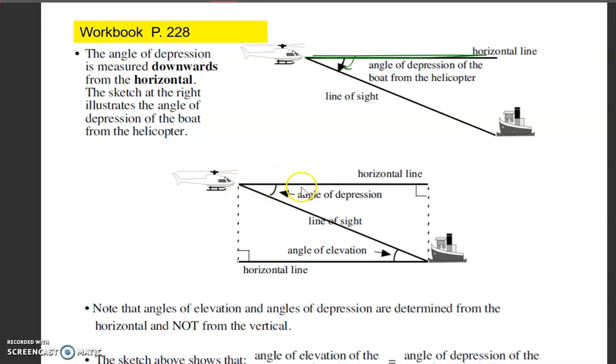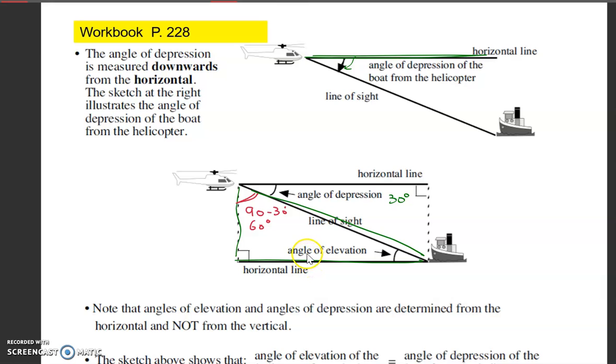Let's say that the helicopter's angle of depression was 30 degrees, but we are making a triangle here because that's the information given to us. Then we can always find this angle, because altogether this also is 90. So this angle here would be 90 minus 30, so that's 60 degrees.